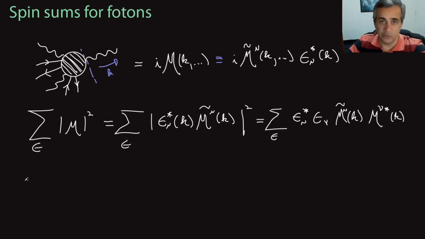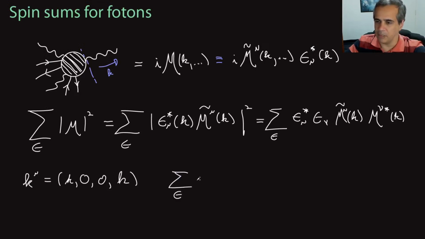I just have to choose a direction. Let's put our reference frame in the z direction for that momentum. Then I know I can write k in this way. It's the modulus, the intensity of the momentum. And then the sum over epsilon becomes just the sum over epsilon equal 1 or 2.